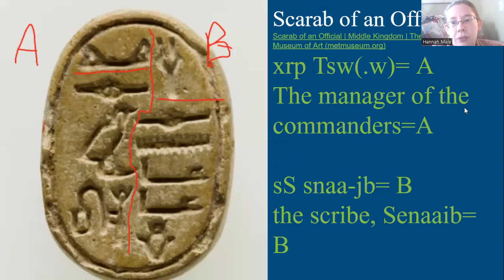So again, what we have in A is the title, not the official's name, but his title, which roughly translates to a manager of the commander. And then register B is where we get the information that this official is a scribe, and we get his actual name. So the scribe Senab.